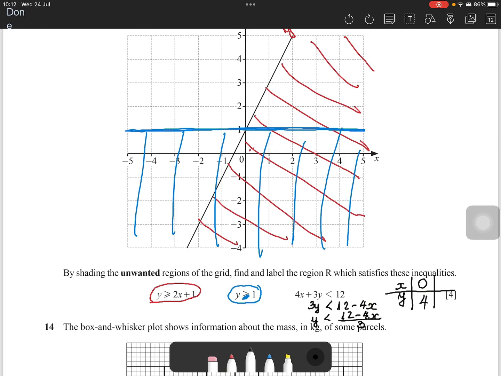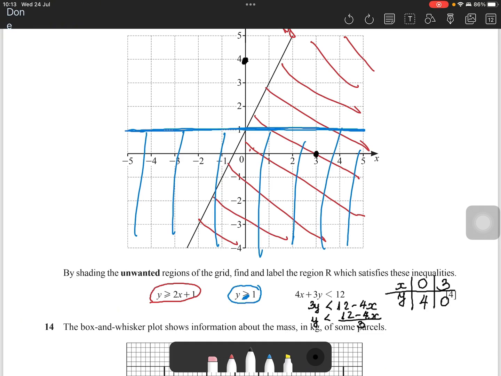And if y equals 0, then x will be 3. Or you can choose another pair of x and y to draw the graph. So the first point is (0, 4). Here it is. And the second point is (3, 0). Here it is.